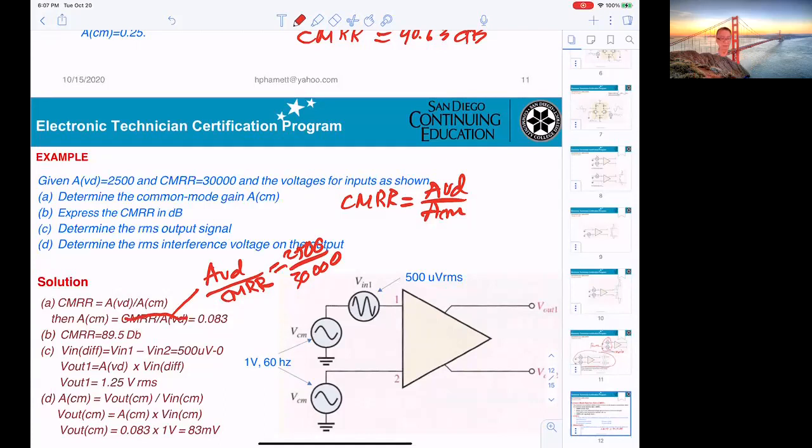What is the gain of your signal? The gain is 2,500. 2,500, yeah. Times 500 microvolt, yeah. That's what you get. Okay? And now part B, they want the common mode rejection ratio in dB. You take 20 log of 0.